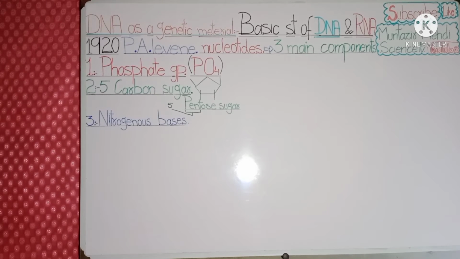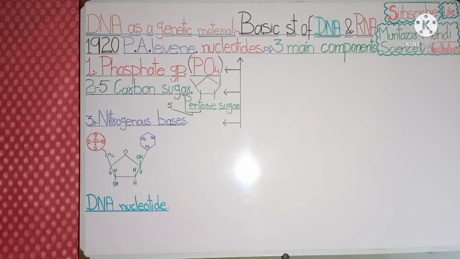When all three components combine, they form a nucleotide. Now we see how these three components combine in a nucleotide. In a DNA nucleotide, the central position is occupied by a pentose sugar. On the right side is a nitrogenous base, whereas on the left side is a phosphate group.